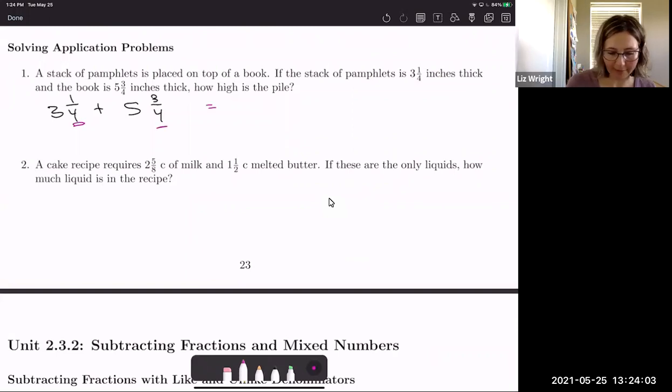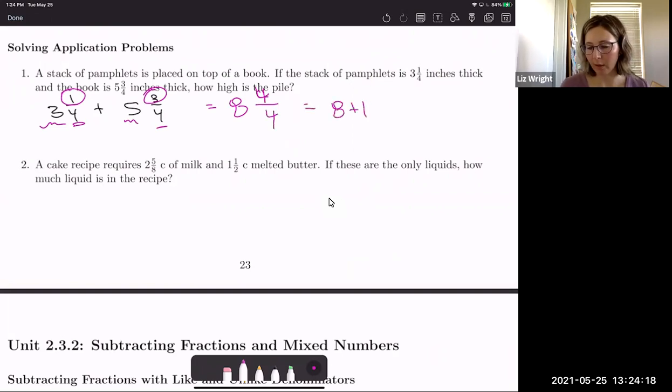So I'm going to take the 5 and the 3 and add them and I get 8. And then I'm taking the 3 and the 1 and I get 4. And I get 8 4/4. Well, what is that? That's essentially like 8 plus 1, which is going to give me 9. And then don't forget your label. It's 9 inches thick.